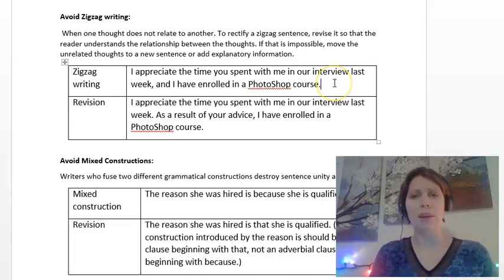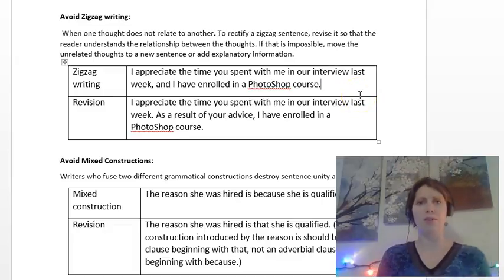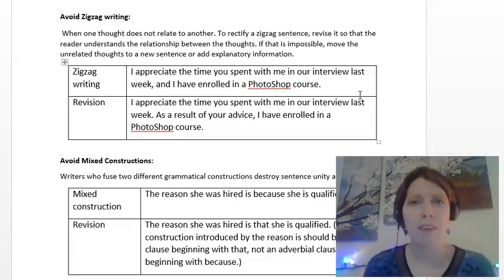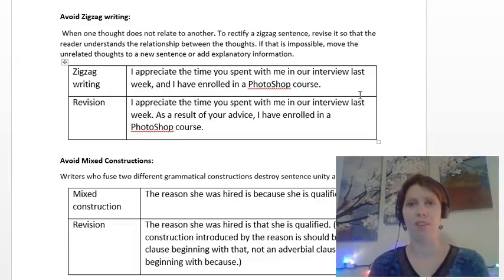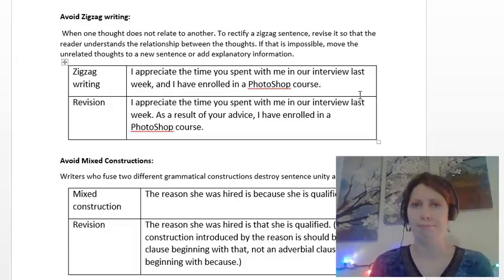So the zigzag happening up here is that you are thanking someone for their time. Oh, by the way, I enrolled in this course. That might have nothing to do with what you talked about at the interview. Even if the person knows that it does, it's still zigzag writing.